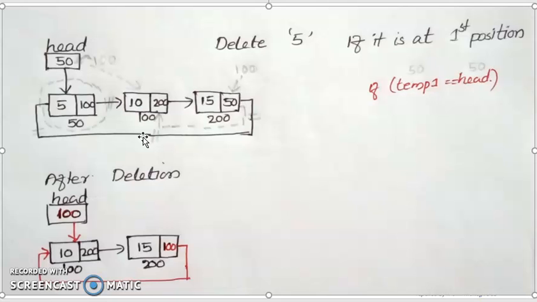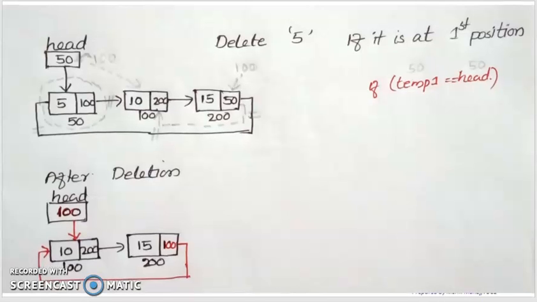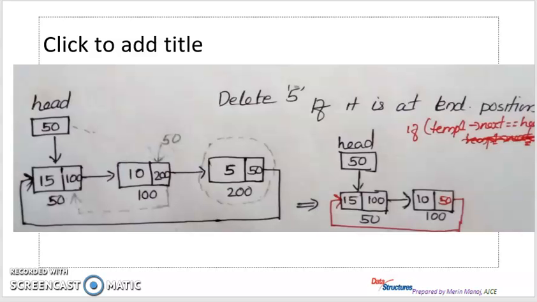Next is if the node is to be deleted at the end of the circular linked list. How can we find out if the key element is present in the circular linked list, and whether it is at the end? We can check this by the condition if temp1 next is equal to head.